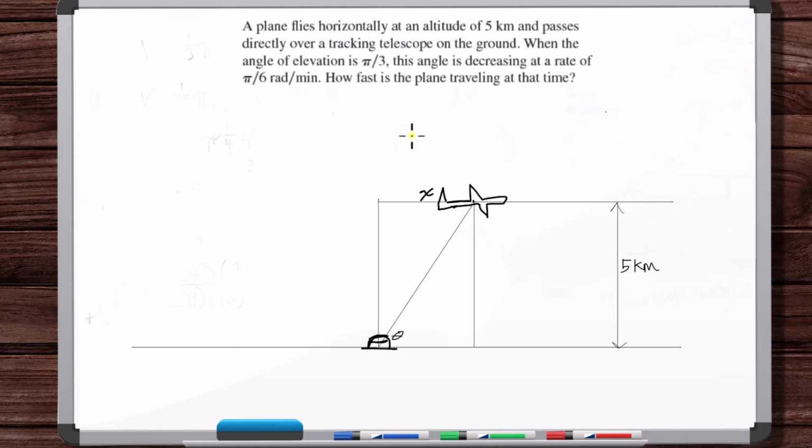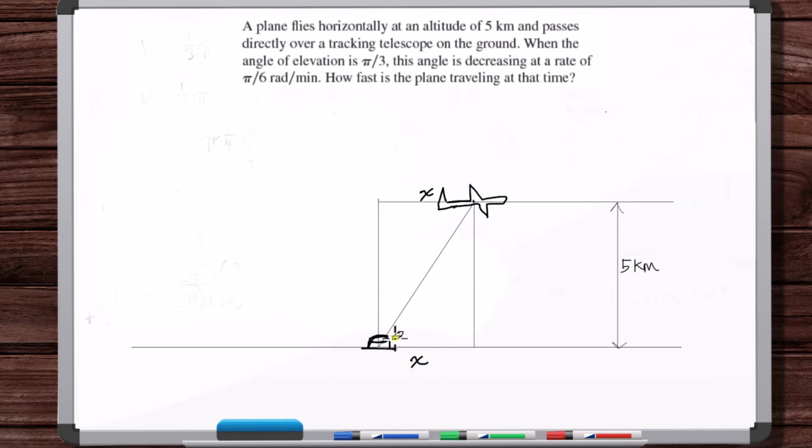But what are we trying to find? How fast is the plane traveling? We're trying to find x dot, the rate of change of position along this direction. But they give us the rate of change of theta. So let's relate, how do we relate theta to x? This is x.